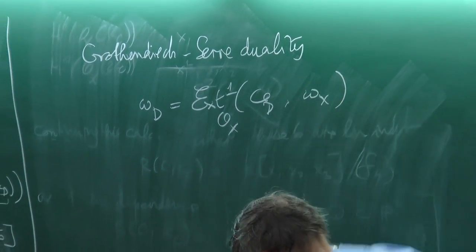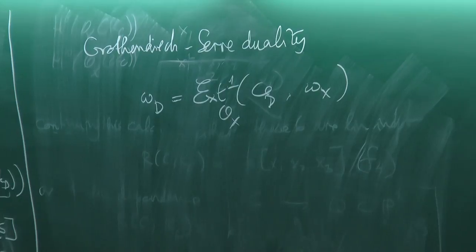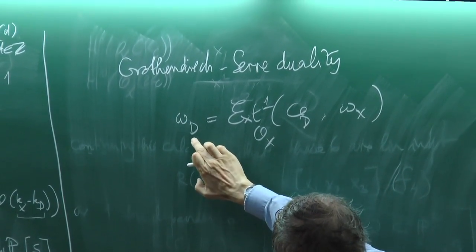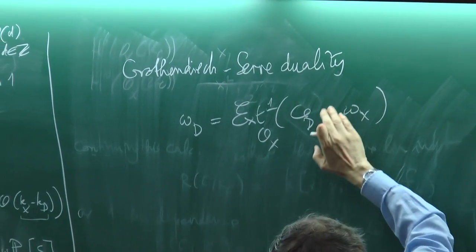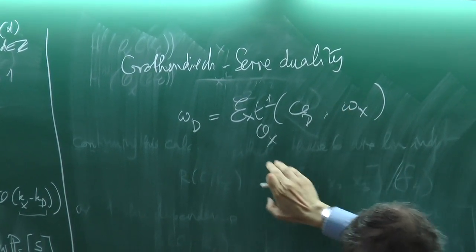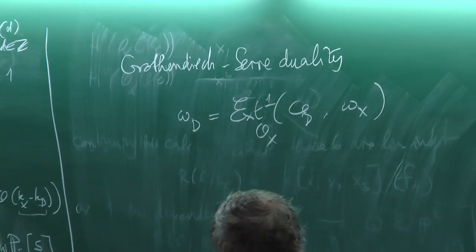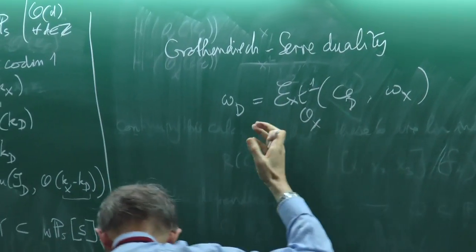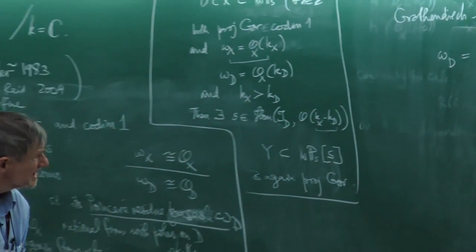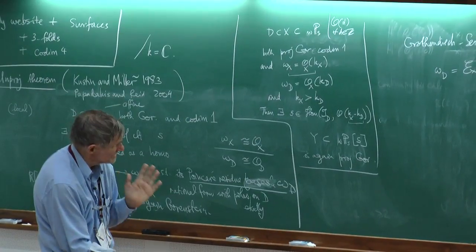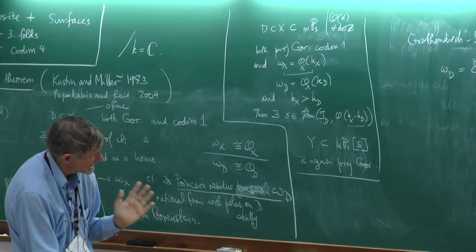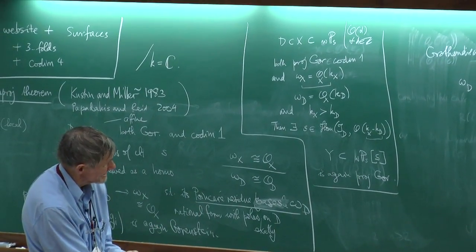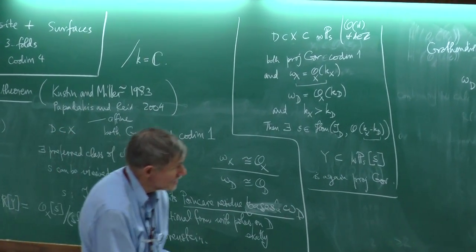This omega X has a dualizing property for the category of all sheaves on X. The category of all sheaves on D is a subcategory of the category of sheaves on X, namely the ones killed by the ideal ID. It looks sort of very fierce, but you can learn duality theory very easily. And this is just a tautology, just part of the definition of the dualizing sheaf.